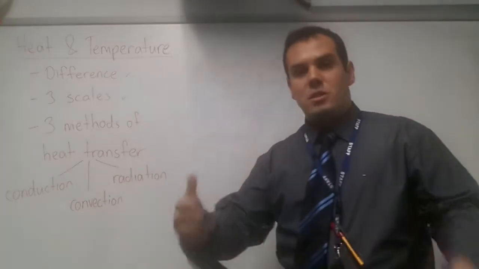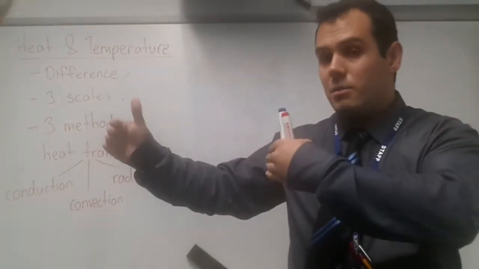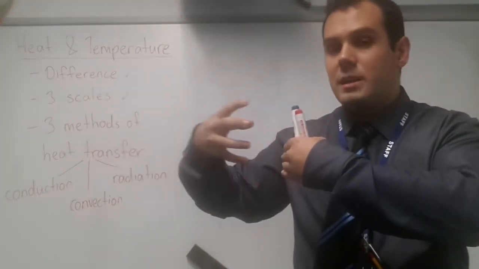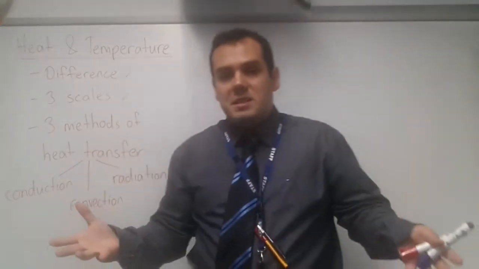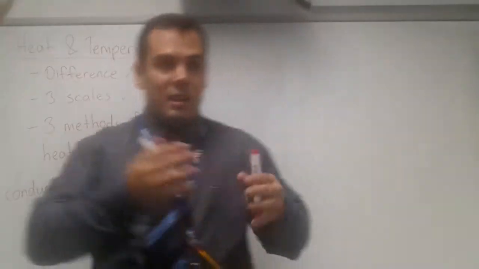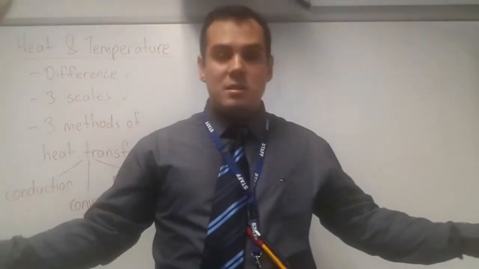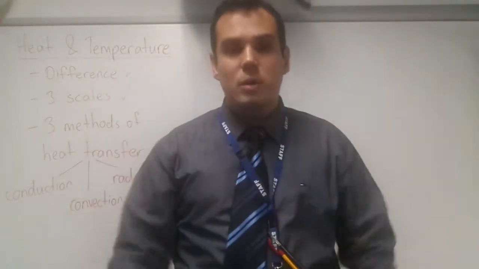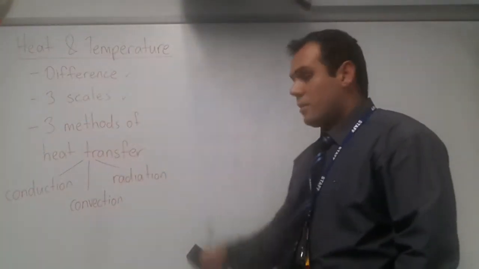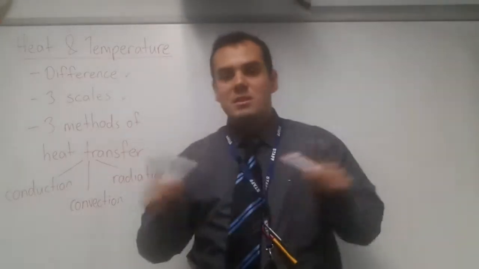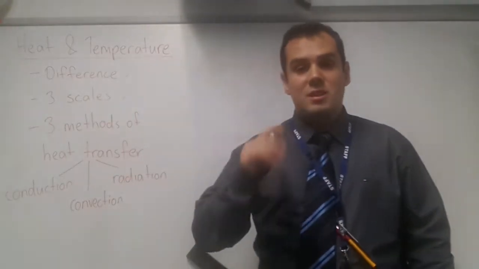The best example is obviously the sun and the earth. Nothing in between, but there are bursts of energy coming in packets at the speed of light, mind you, because it has no mass. Because it has no mass, it travels at the speed of light, the fastest speed that's actually possible. So radiation is the third method of transfer, which doesn't use any atoms at all, and it travels at the speed of light.